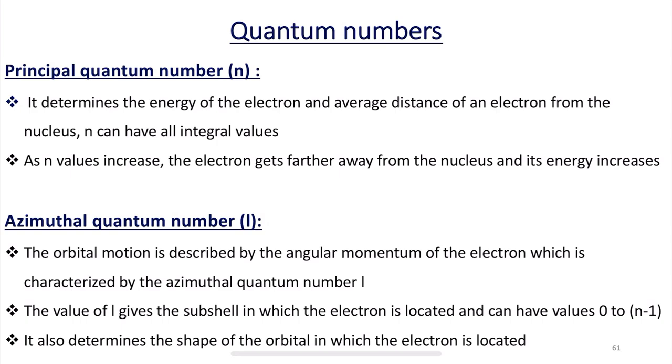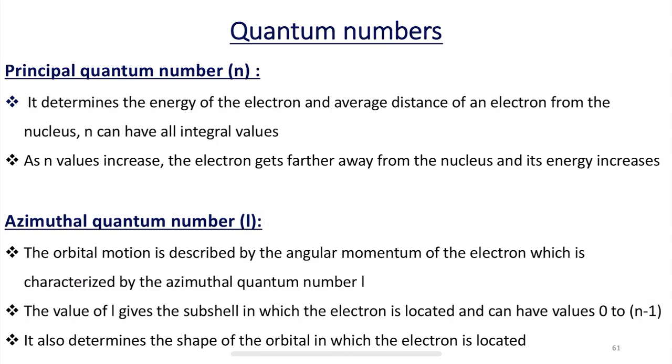If we know the structure of the atom, then it will be much easier for us to understand what exactly this means. According to the structure of atom, which we have understood in our lower classes, an atom consists of an atomic nucleus.